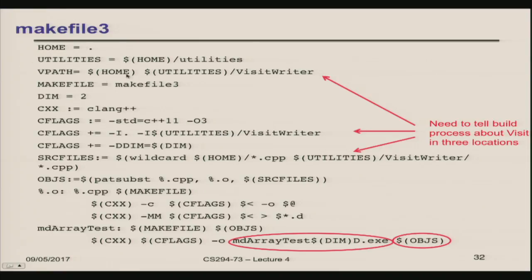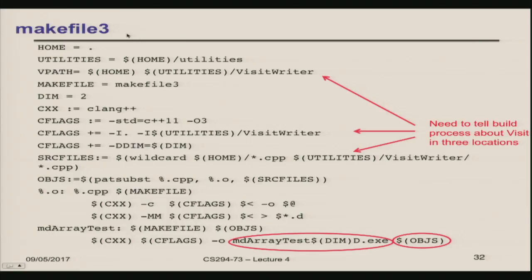Well, here's home. I have utilities, which is in $home, and I have a subdirectory called utilities. And in that utility subdirectory, I have a directory called visit writer. This writes out stuff that can be ingested by the visit visualization tool.